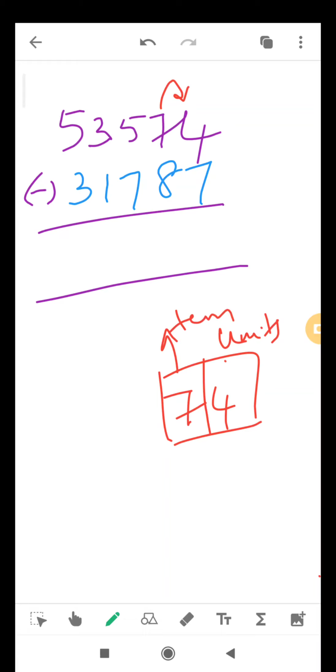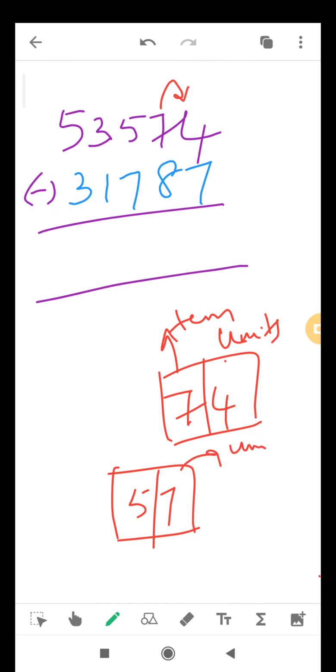Next again for these two, 57: 7 is ones place and 5 is tens place, like that. This is units and this is tens.